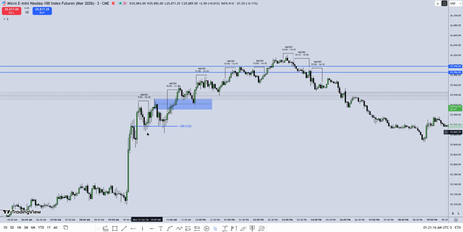I'm calling it a mitigation block because this low didn't take out this low. So I have a low that was protected and the market rallied higher. To mitigate the losses that were made by the buyers in this sell move, this becomes a mitigation block. The market respects that to help buyers mitigate their loss in form of this sell.